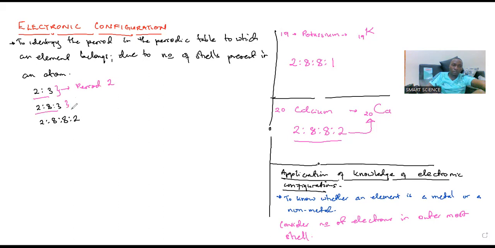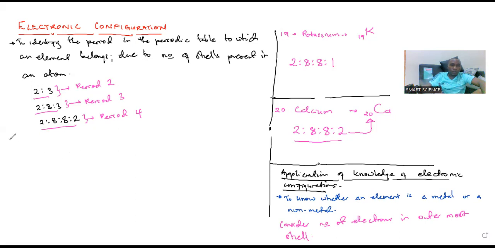This one has 3 shells, therefore belongs to period 3. This one has 4 shells, therefore it belongs to period 4. So in the first 20 elements, your task is to find out which elements belong to period 1, period 2, period 3 and period 4.